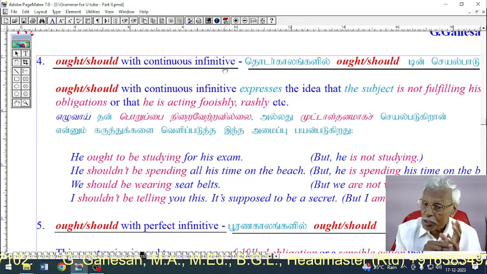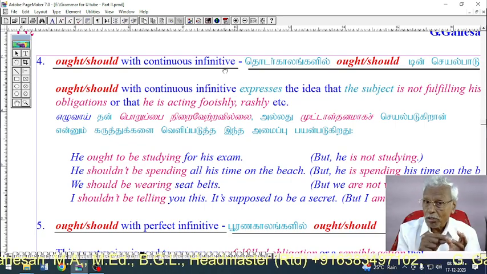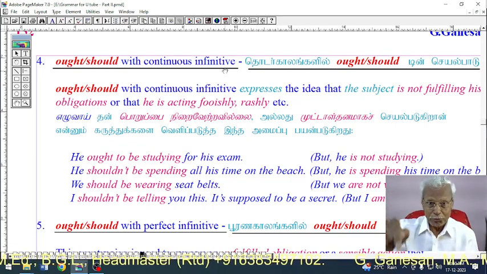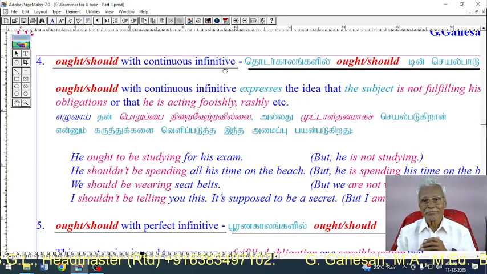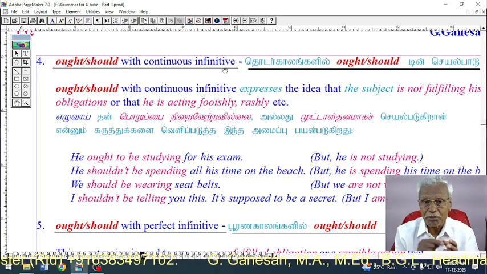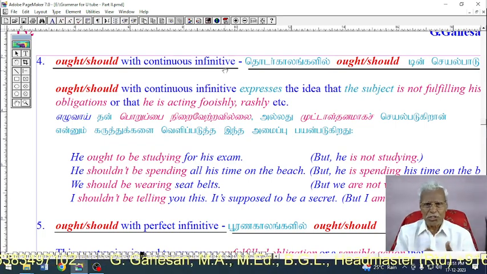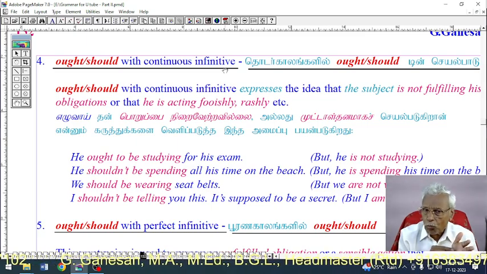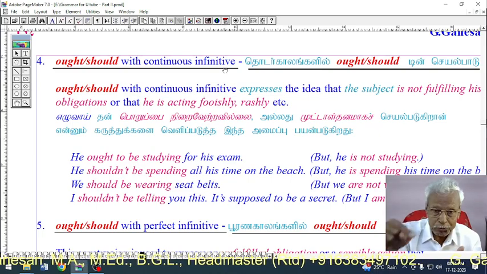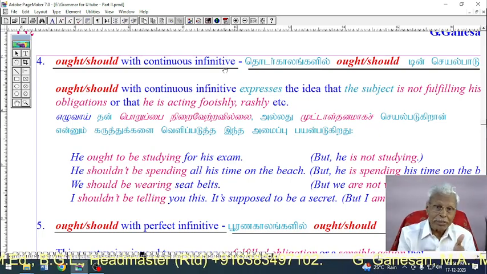To express first the idea that one should do something, but he is not doing it. Another idea is that one should not do something, but he is doing it. This is in present tense, both the things. What one is neglecting, that he should do. And another is what one should not do, but he is doing.